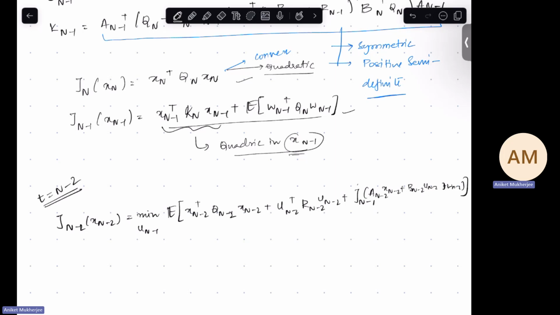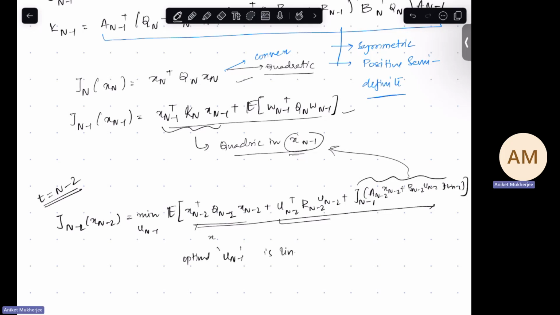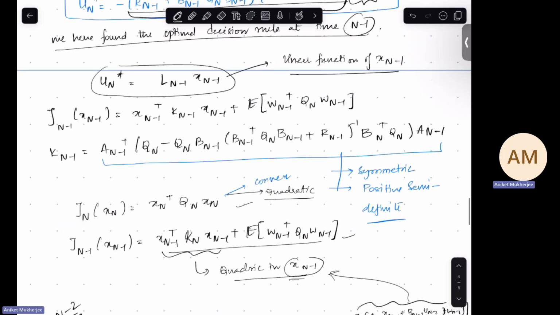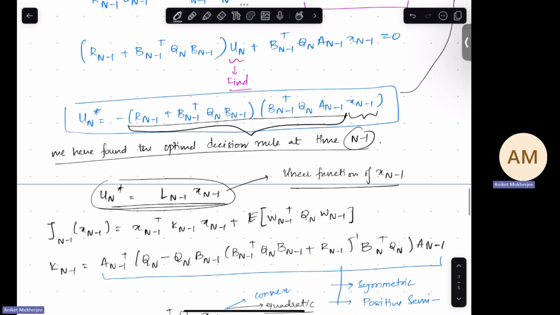And now since this is quadratic in x, you have this whole term where you will have a quadratic in x term. So if you take the derivative and put it equal to 0, then your optimal Un minus 2 is linear, in the same way that we had Un minus 1 linear here.